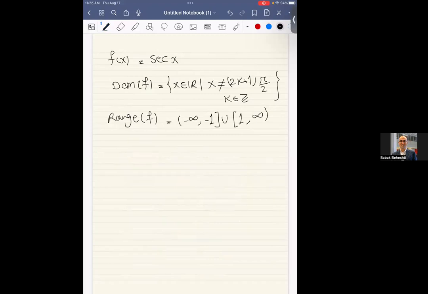Secant cannot be -1/3, right? So secant of theta cannot be 0. It cannot be 1/2, -1/3 or so. Let me show you the graph for secant.